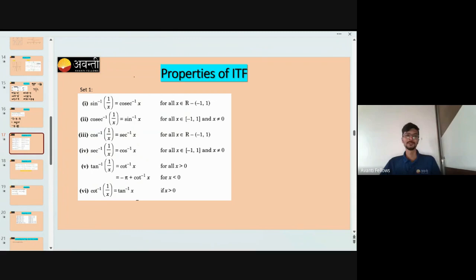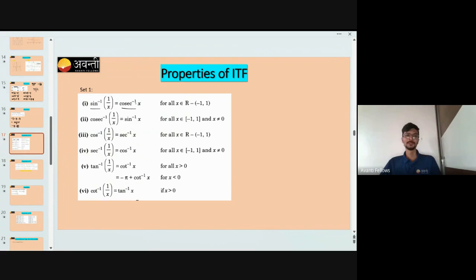Here also, as you can see, for this property, we have sine inverse and cosec inverse, reciprocals of each other. Then cos inverse and sec inverse, and tan inverse and cot inverse, again reciprocals. So the property is simple. Sine inverse of some value is equal to cosec inverse of the reciprocal of that value.